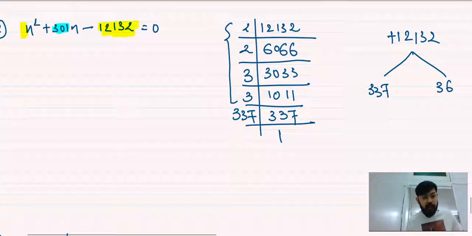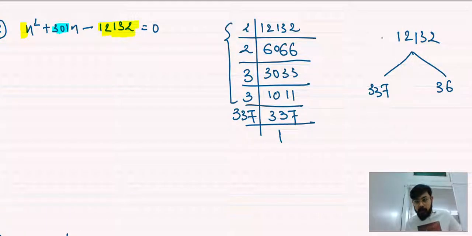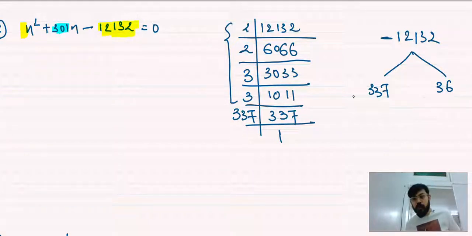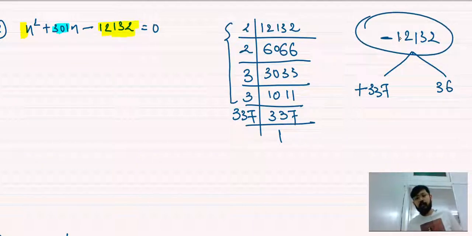So if the sign in front of 12132 is minus, I'll make this negative, and now I'll think properly about how the signs of the factors should be. Look at the middle term. It is 301. What is the sign of 301? Plus. So without much thinking, give the bigger number the plus sign. Now look at the product. What sign does the product have?